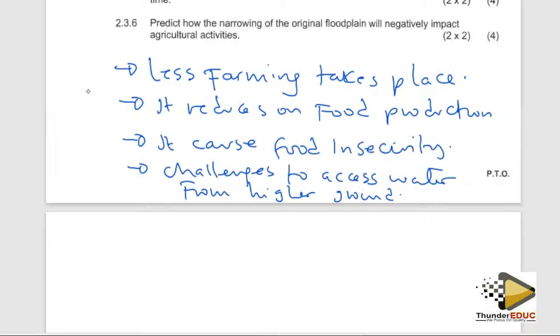And as well challenges to access water from a higher ground, because remember before it used to be a flat land next to the river, but because of vertical erosion, the land has become steeper, meaning those areas people struggle to access water. Right.